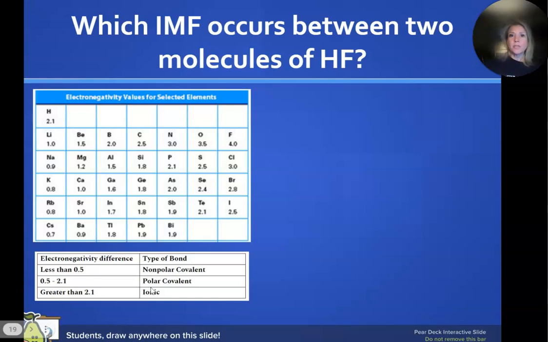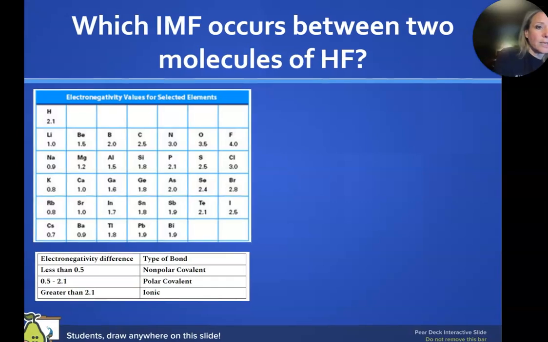Okay, so if we're looking at which type of IMF occurs between two molecules of hydrogen fluoride, well, this is what we've got to do. So here is our hydrogen and our fluorine atom. Hydrogen has an electronegativity value of 2.1, and fluorine has an electronegativity value of 4.0.